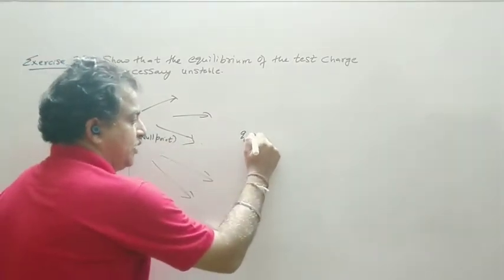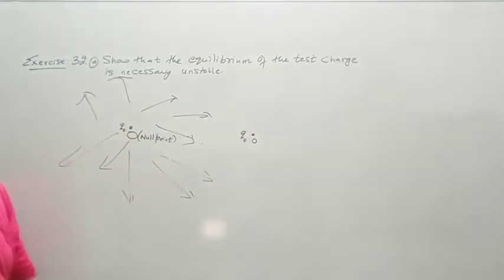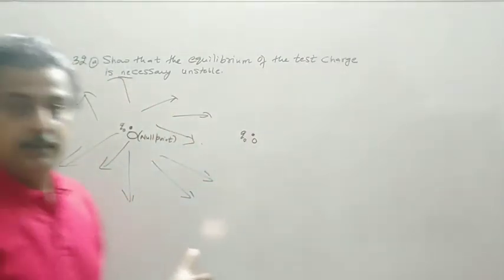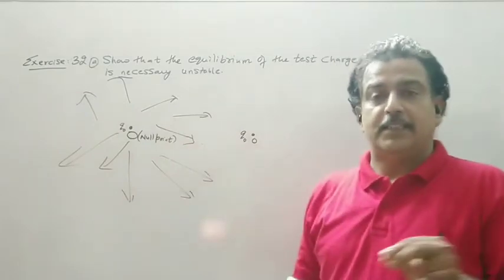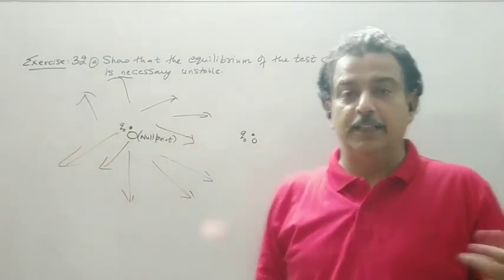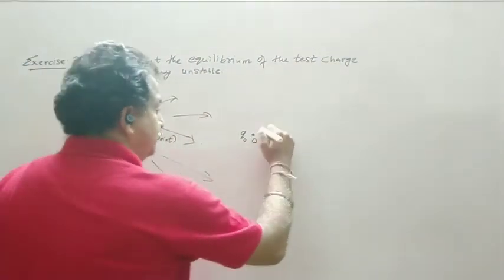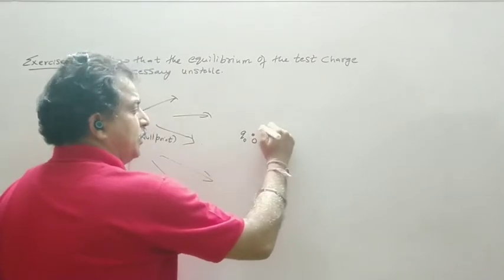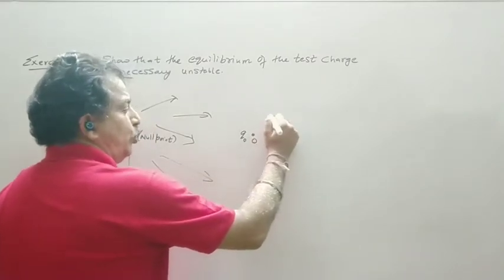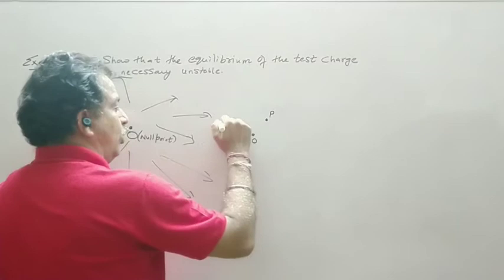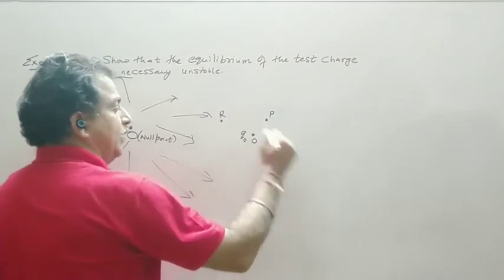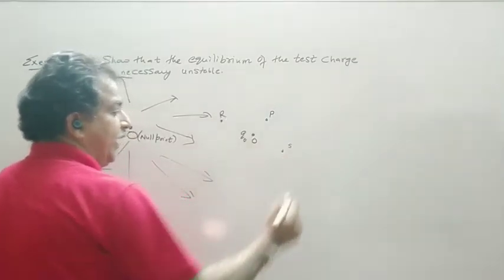If I move this test charge anywhere and it comes back, then the equilibrium is stable, otherwise it is unstable. Now let us assume that I move this test charge to point P, or point R, or point S.